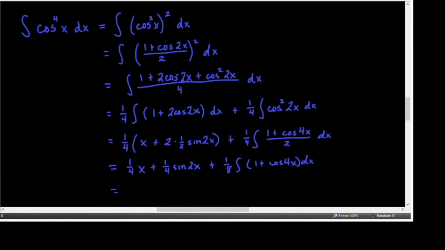So we have 1/4 x plus 1/4 sine of 2x plus 1/8. The integral of 1 is x, plus the integral of cosine of kx is 1 over k sine of kx, plus c.